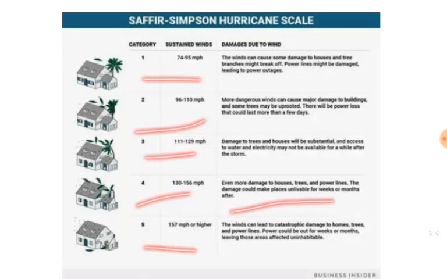And for Cat 5 now, the winds can lead to catastrophic damage to homes, trees, and power lines. Power could be out for weeks or months, leaving those affected areas uninhabitable. So what I just said is really what is explained at Cat 5. An example is seen in Puerto Rico where the power was out for months.